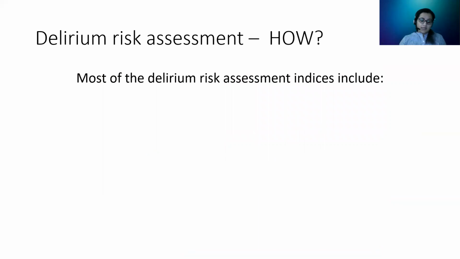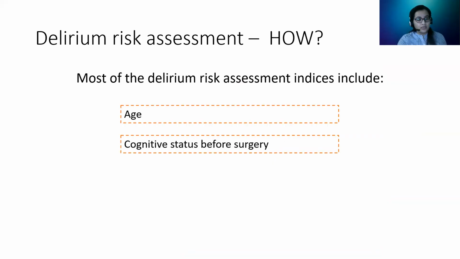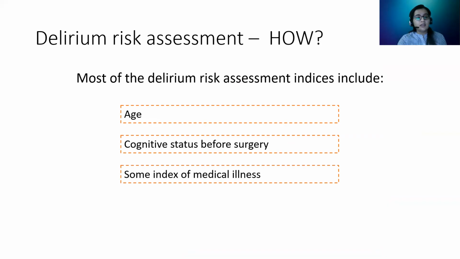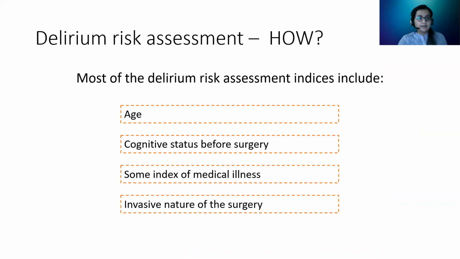There are several indices to assess delirium risk prediction, and most of these indices include age, cognitive status before surgery, some index of medical illness, and invasive nature of the surgery.